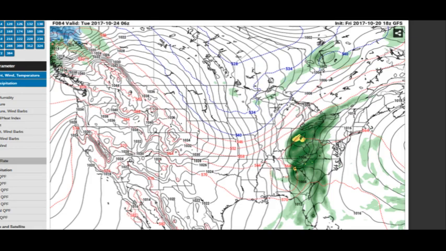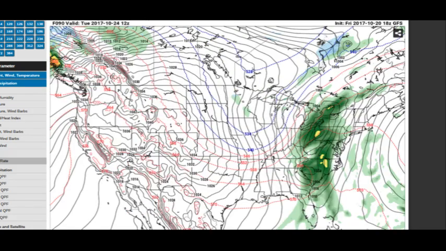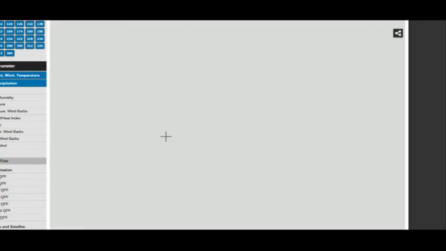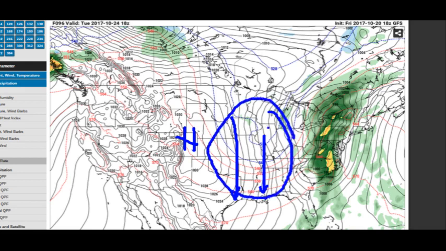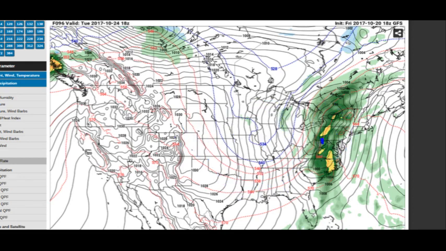However, the air mass appears to be dry, so I don't think we're looking at much of a snow risk. 534 coming south, so that's very cold air. Probably some 20s and 30s. And wow, look at that high building in there for Tuesday. So things are going to be very cool across much of the central and eastern U.S. here. And out in the eastern U.S., quite a system coming together.